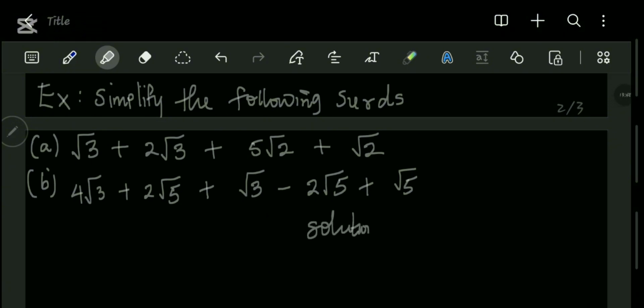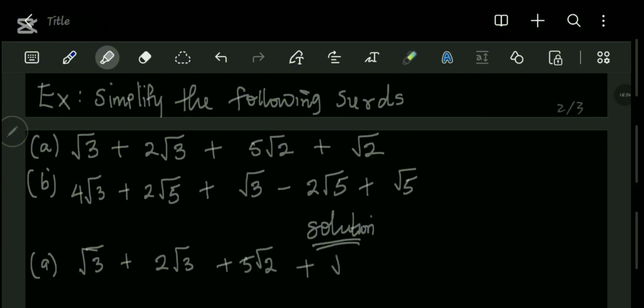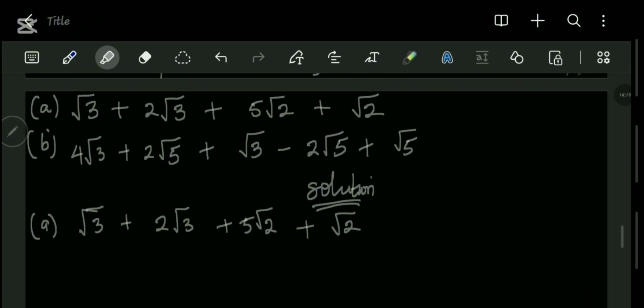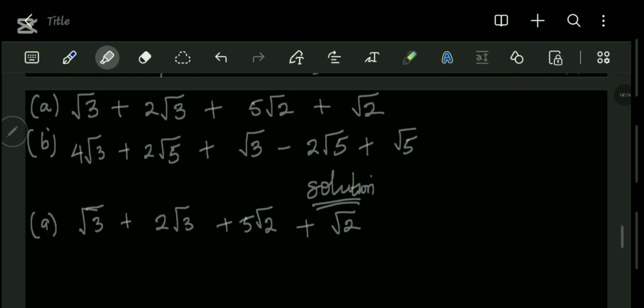For question 1, we are told surd 3 plus 2 surd 3 plus 5 surd 2 plus surd 2. In this case, we are going to consider something. I brought up the issue of like fractions, right? We said like fractions are fractions with the same denominators.